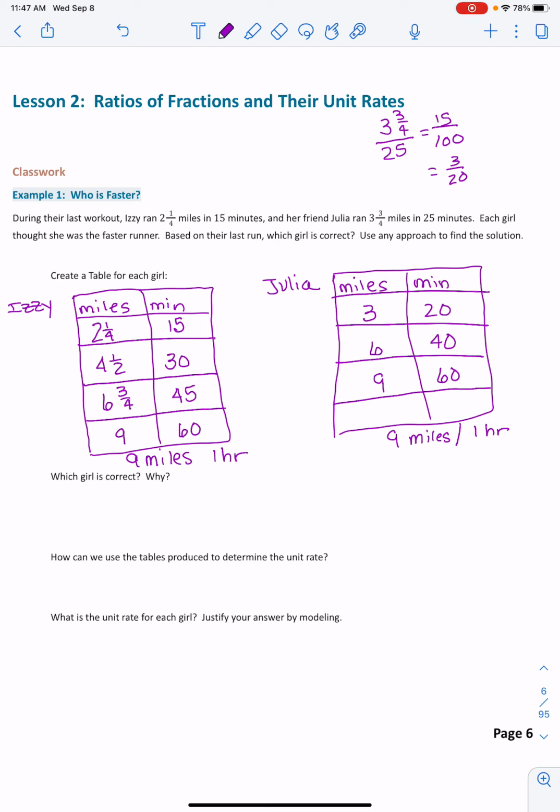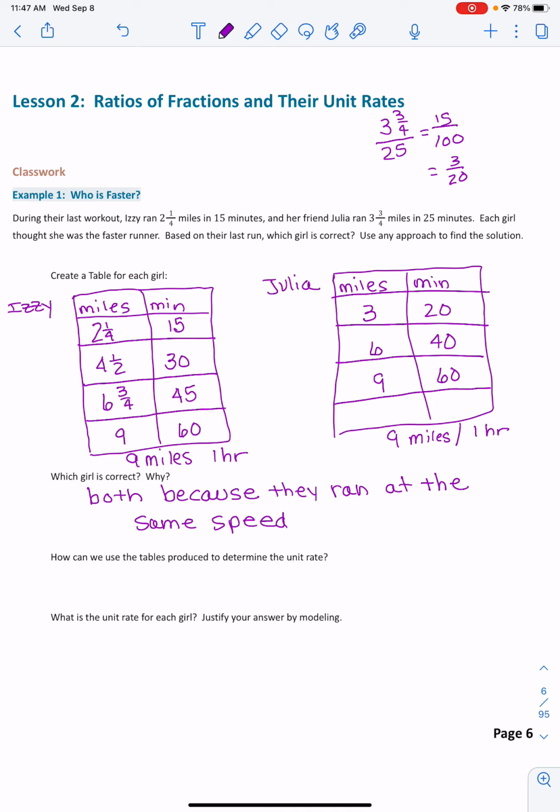Well, they both are, because they ran at the same speed. And we found that out by finding the unit rate.